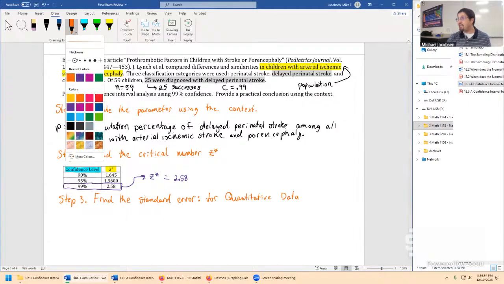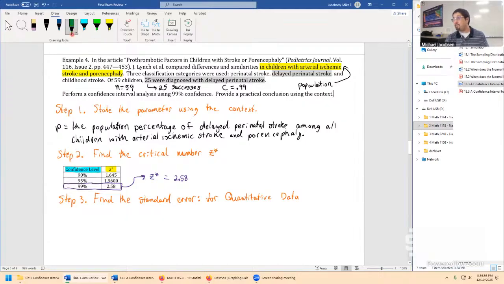The formula for that standard error, we actually haven't used it once yet on this set of notes, the final exam review. We use the standard deviation when we did a hypothesis test, but we don't use that in a confidence interval problem. We don't have a standard deviation. The best thing we have is its approximation, the standard error, and the formula for this one will go square root of p hat times 1 minus p hat divided by sample size n.